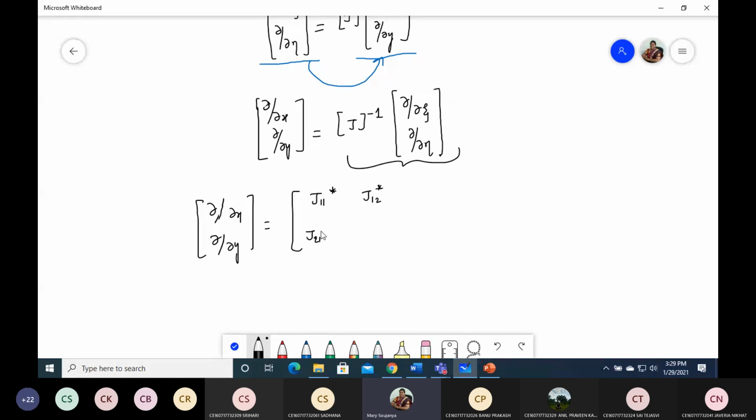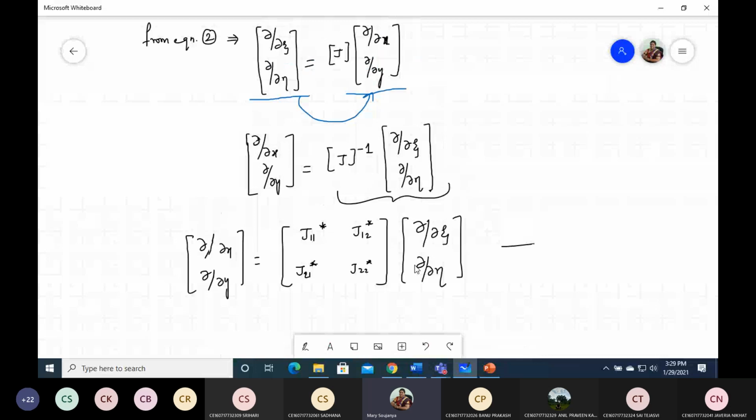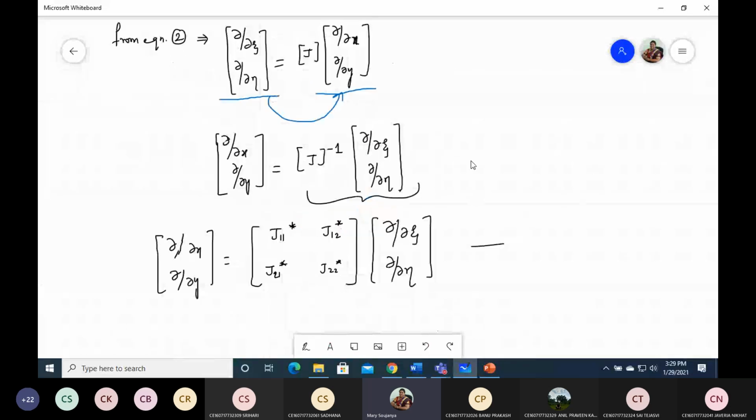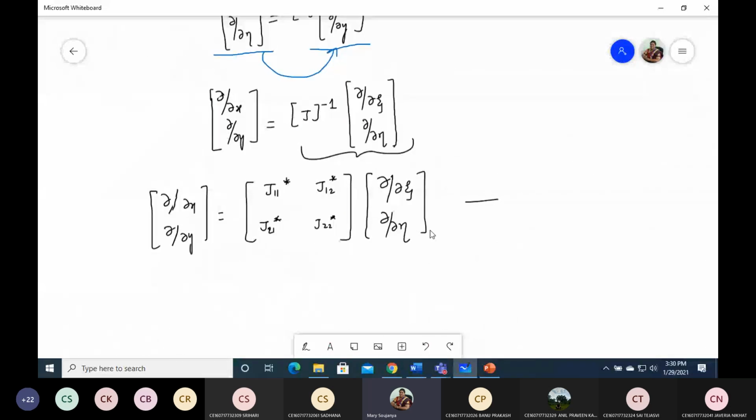I hope until now there's no difficulty. All terms we have already seen, simple matrices. Let us take this as equation number 4.